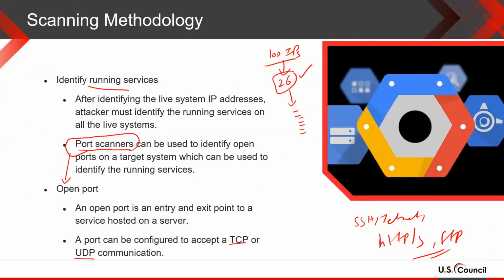Okay. So here, as I said, when you speak about ports, these ports can accept two different types of communication. One is TCP and the other is UDP, right? And here, when you are looking for open ports using a port scanner, like whatever port scanners we have used, right?